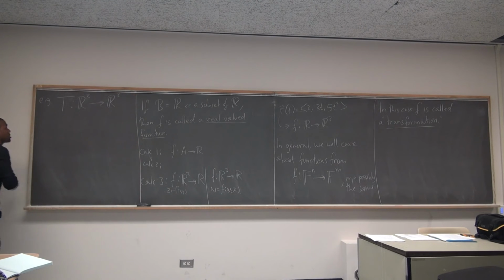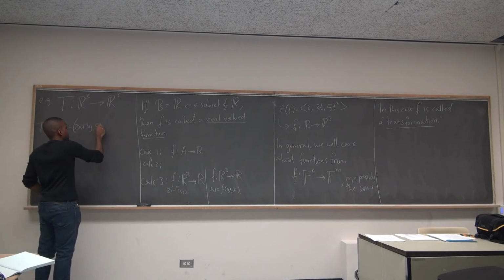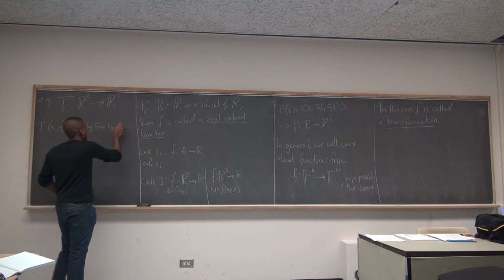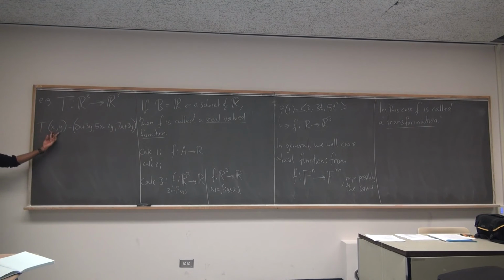So I can say something like T of (x, y), these are the set of coordinates, is equal to, I can go to some 3-dimensional coordinate: (2x plus 3y, 5x minus 2y, 7x plus 3). So that's an example. I give you a coordinate, and you use those two inputs to give me an output in a 3-dimensional space. So this is an example of a function.